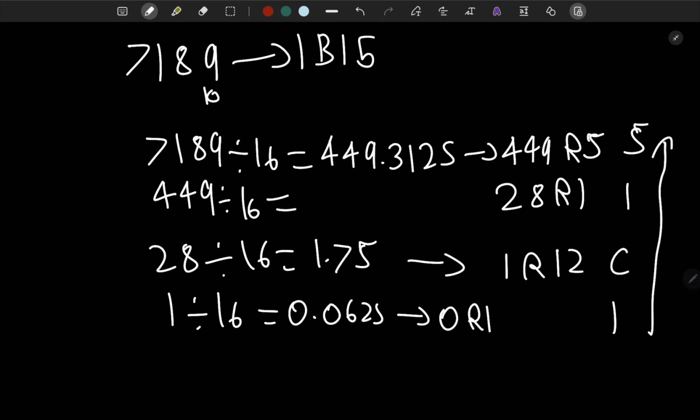This is supposed to be C. I completely forgot that 10 is A, 11 is B, so 12 is gonna be C instead of B. So don't make this mistake here. Always make this table or write this somewhere. 10 is A, always starts with 10, and 10 is A, 11 is B, and so on.